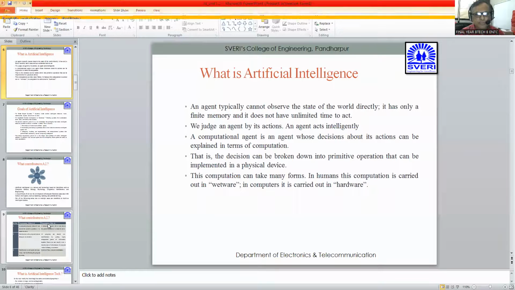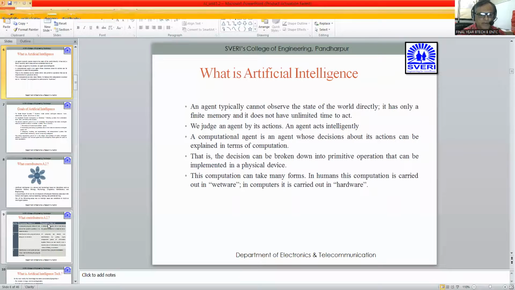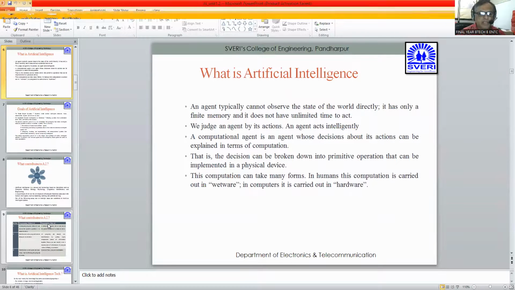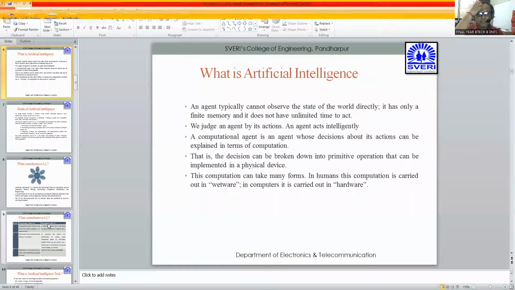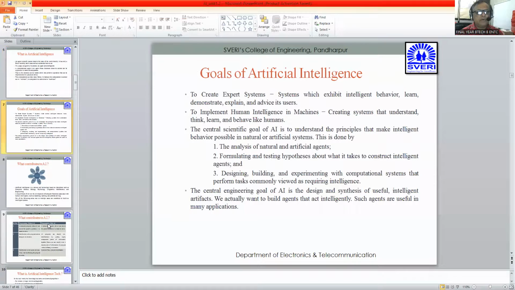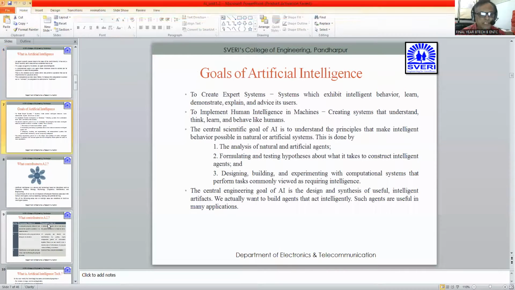There are 2 points which I feel are most important. One is wetware and the other one is hardware. In humans, when the computation is carried out, it is called wetware, whereas in computers, when it is carried out, it is called hardware. Then there are different goals of artificial intelligence: to create expert systems, and to implement human intelligence in machines.